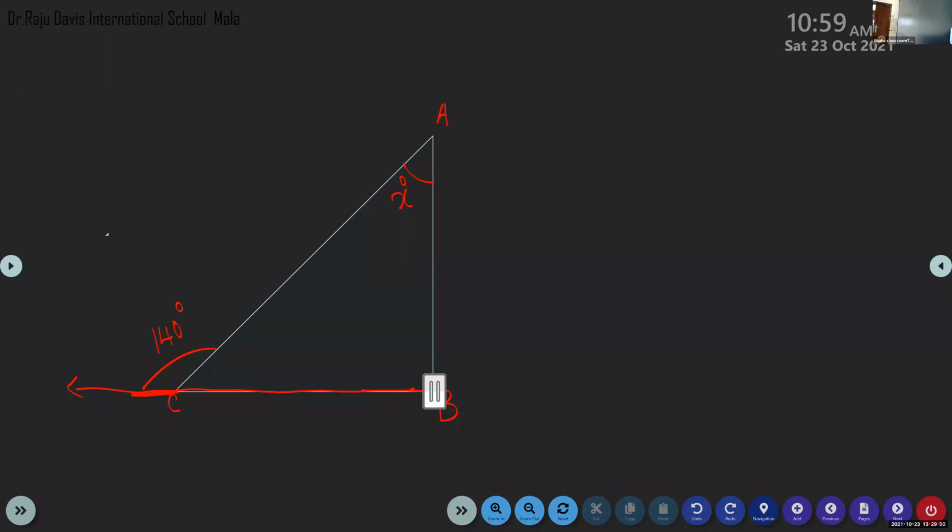Clear? And you are asked, this angle is 140 degree and this angle is x. We don't know. Find out the value of x. What will you do? Sian, can you try? Yes, ma'am. Ma'am, is it 50 degree?